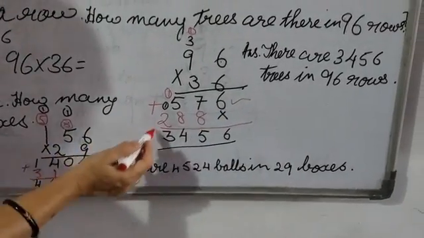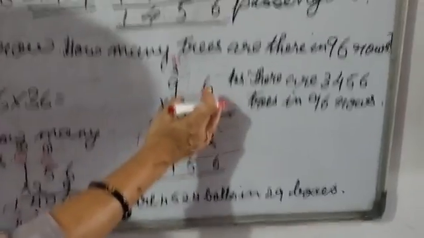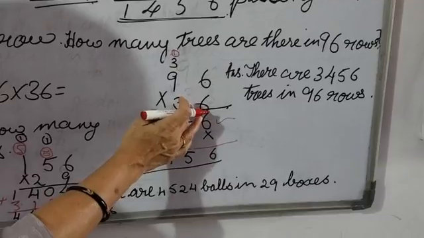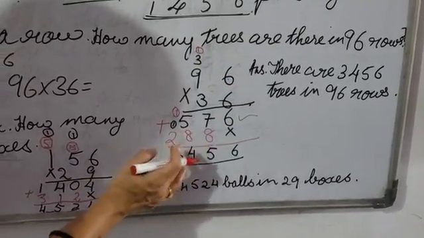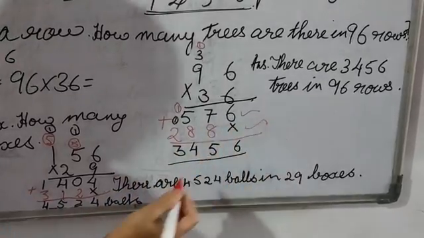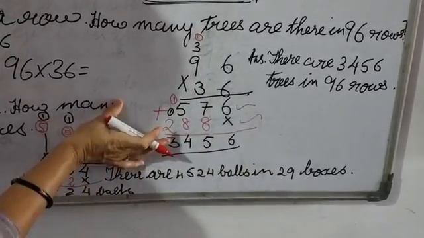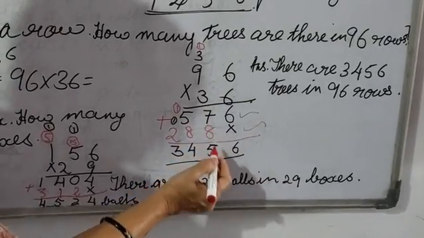Okay. Then next step we put a cross and we multiply by 3. 3 6s are 18, 8 carry 1. 3 9s are 27 plus 1 is 28. So the second answer is 288. Now we add both. These are the two steps. Okay. So we add. Now 6 plus nothing will be 6. 7 plus 8 will be 15.